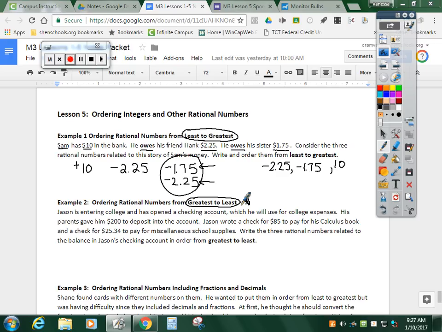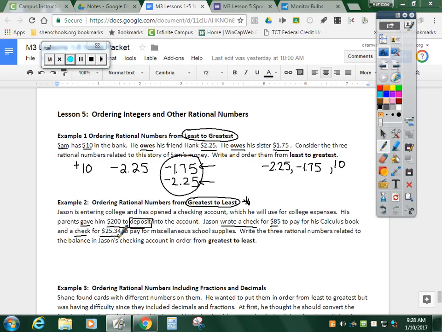His parents gave him $200 to deposit into the account. Jason wrote a check for $85 to pay for his calculus book, and a check for $25.34 to pay for miscellaneous school supplies. Write the three rational numbers related to the balance in Jason's checking account in order from greatest to least. So I'm going to first write these all down, okay?